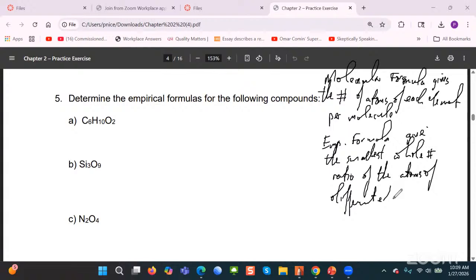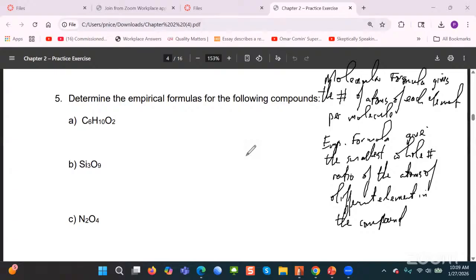I hope you can make out my handwriting. I'm sorry about that. For some reason, when I'm using this particular tablet here, I can't have full control over the writing. Okay, so that's the difference between the molecular formula and the empirical formula.